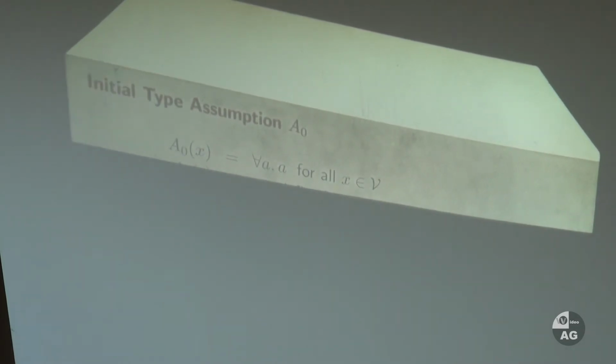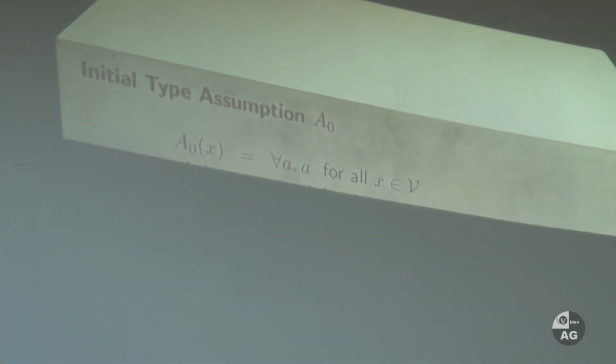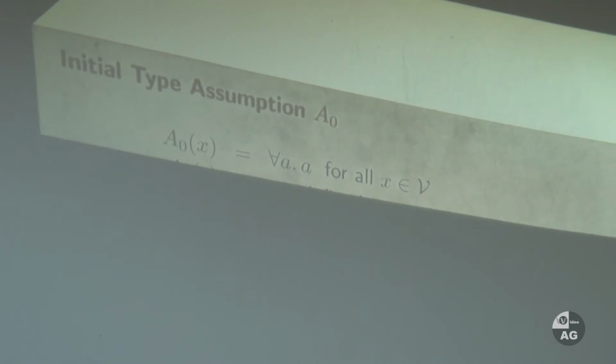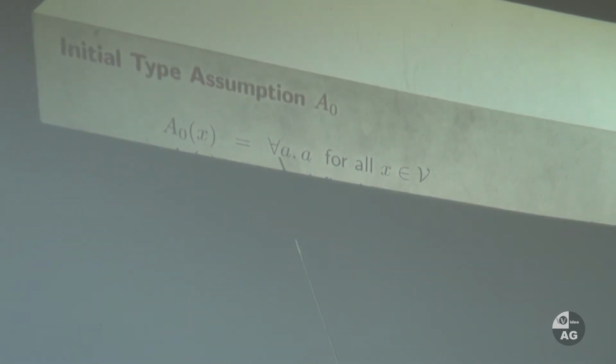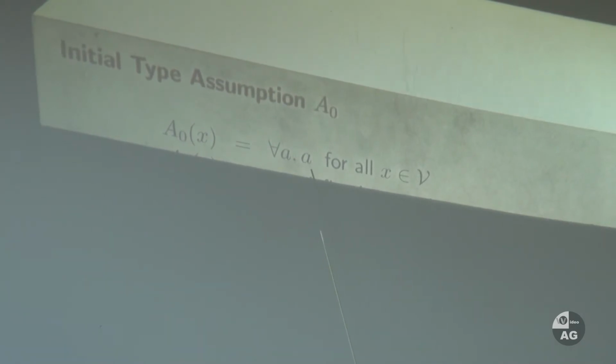So let's start with the variables. For every variable, I mentioned this already, the initial type assumption tells us that this variable can have an arbitrary type. So the corresponding type schema is this one, for all a, a, meaning that this a can be instantiated by any possible type.